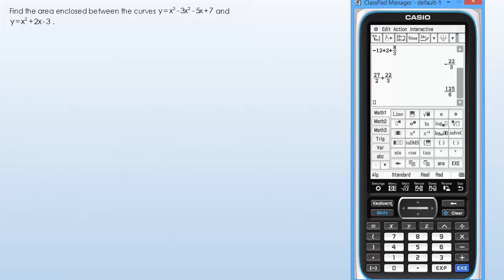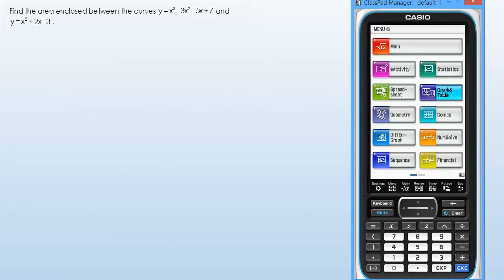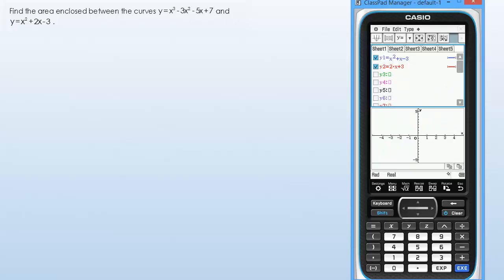So let's have a quick look at what that looks like. So let's just clear everything here and then put in the new curves that we've got. So we've got x cubed minus 3x squared minus 5x plus 7.